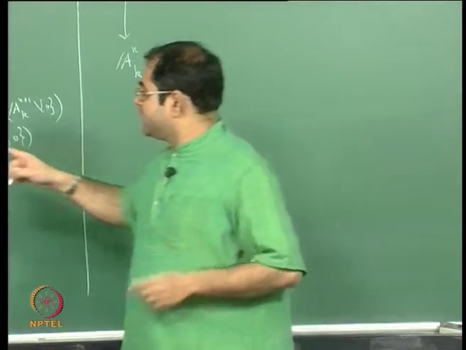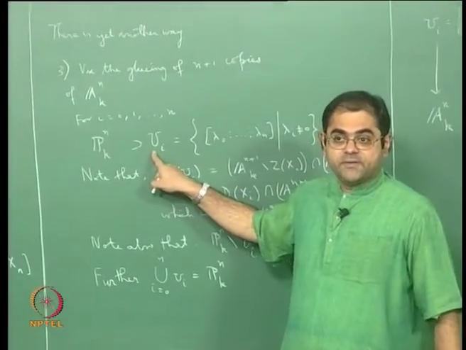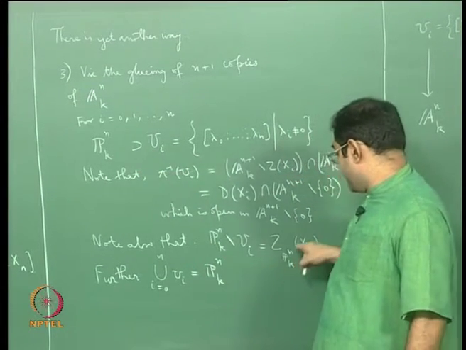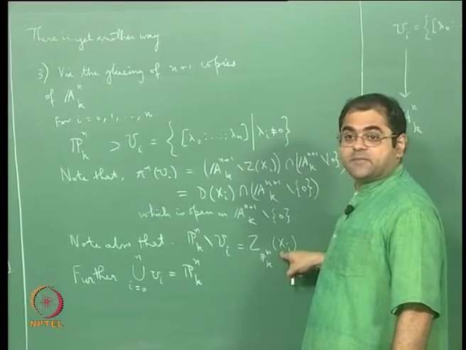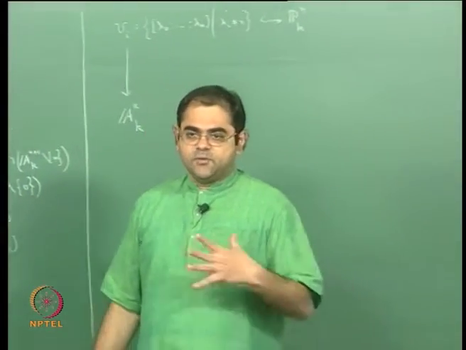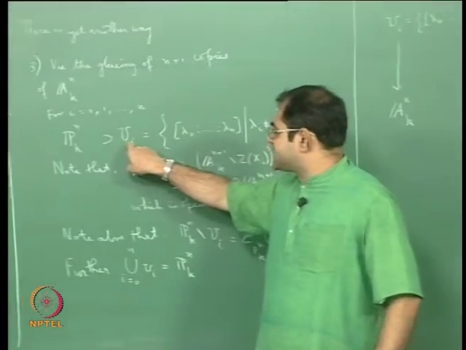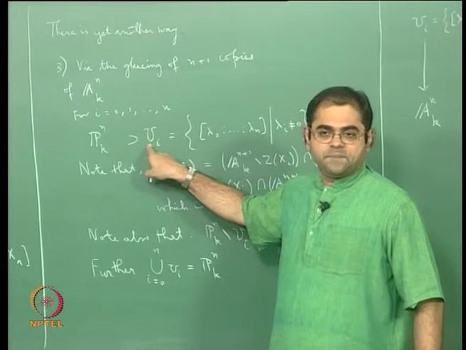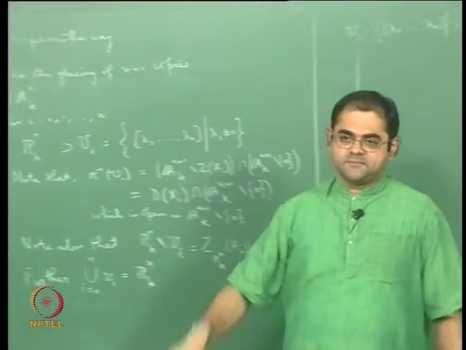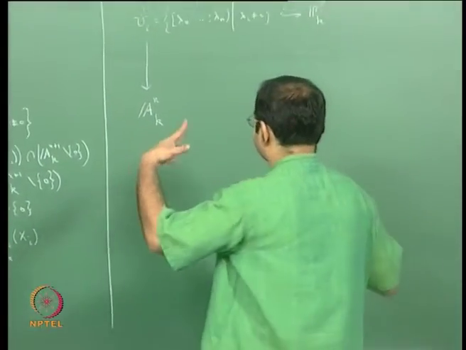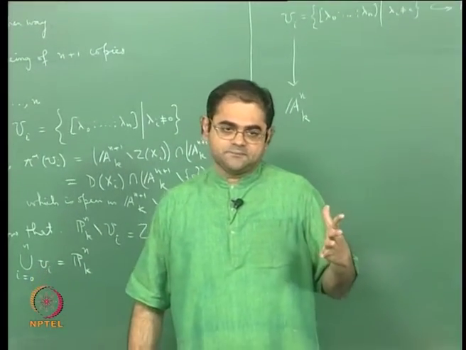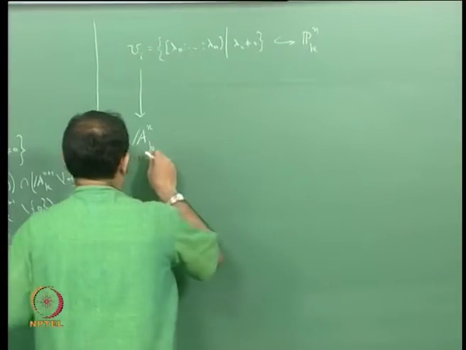Each UI is actually an affine n space, and the beautiful thing is its complement, Z(xi), is a projective space of dimension 1 less. So each of these UIs is actually an An, and its complement is a Pn minus 1, and that complement Pn minus 1 is called the hyperplane at infinity.